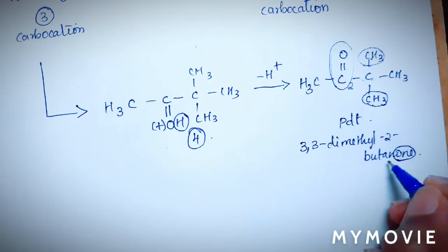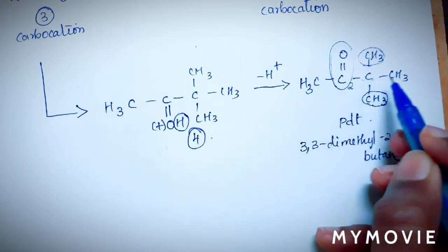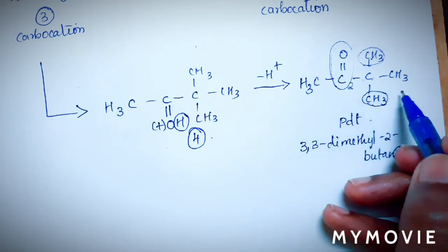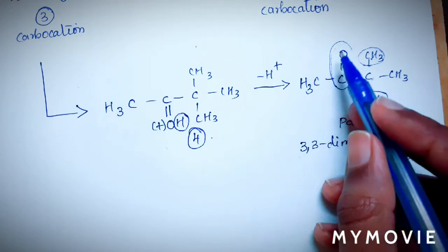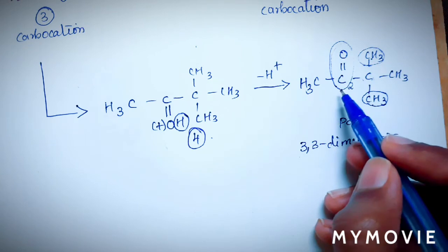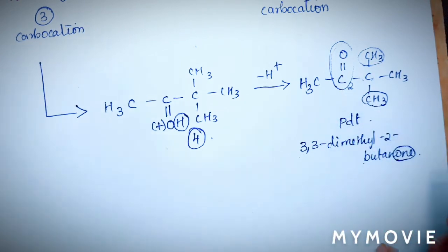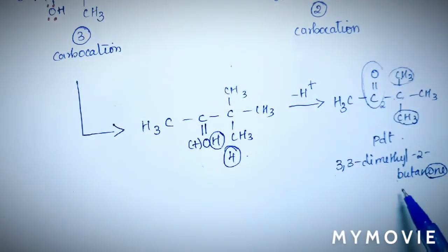So 2-butanone. Methane, ethane, propane, butane. Butane is the parent carbon chain, and the ketonic group is attached in the second position. So you write butanone. 3,3 dimethyl 2-butanone is the final product that you get from a pinacol.